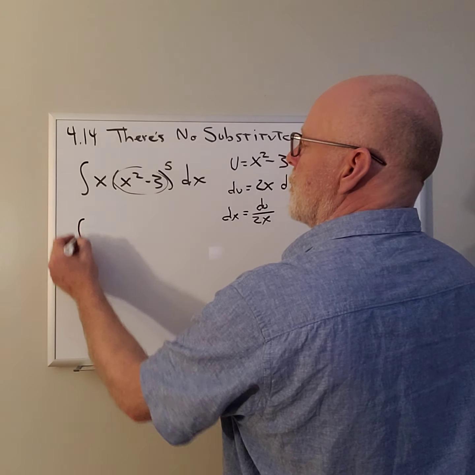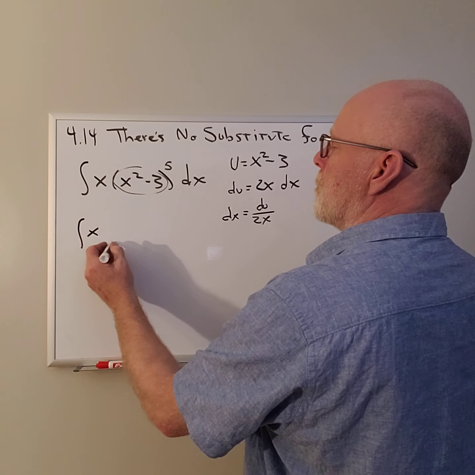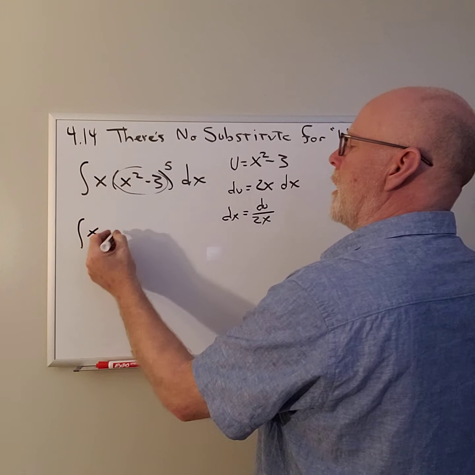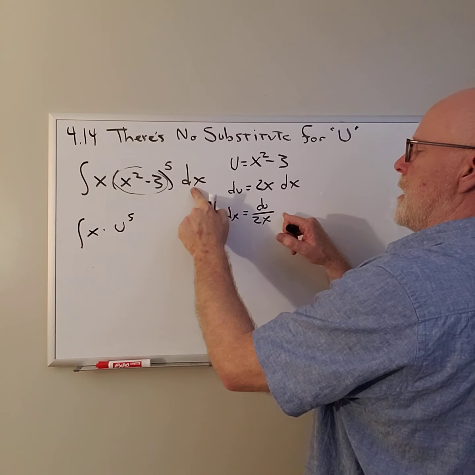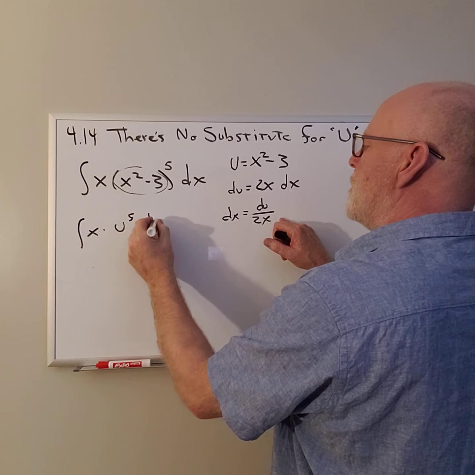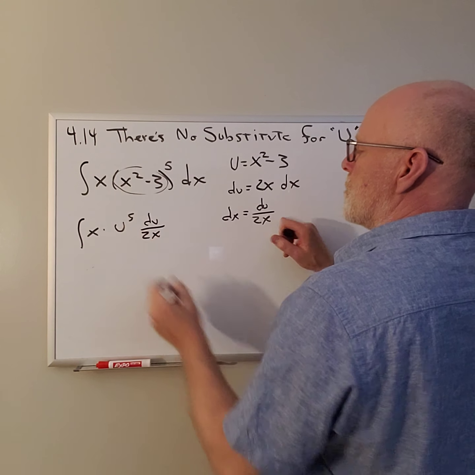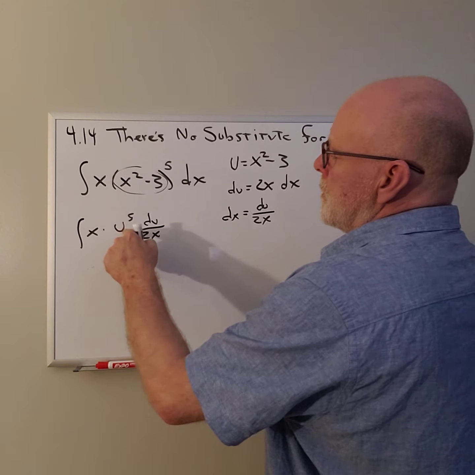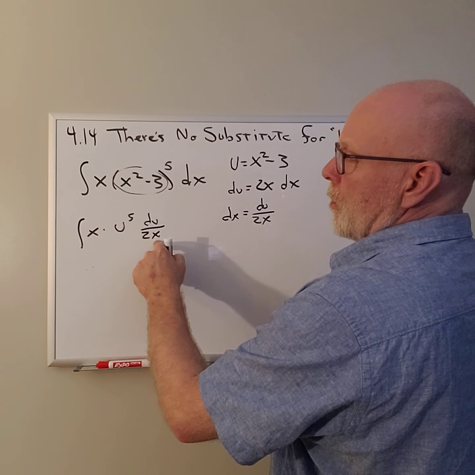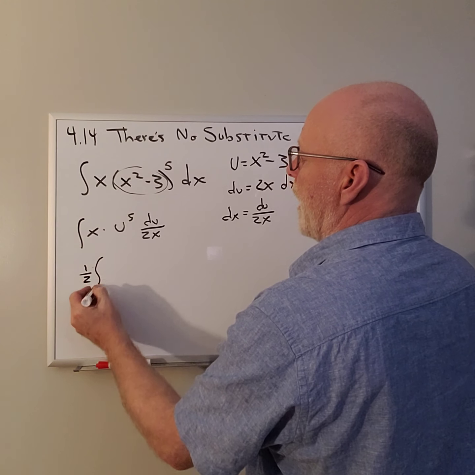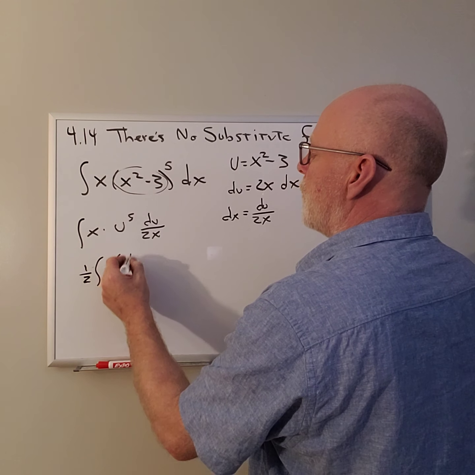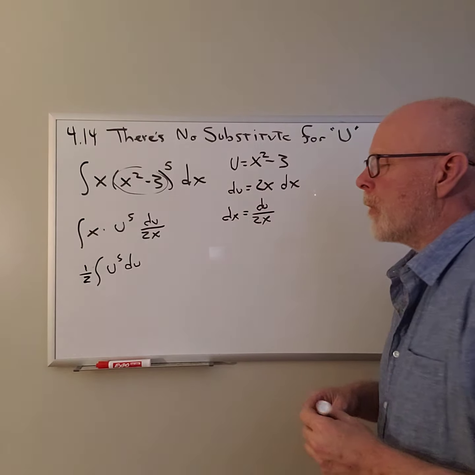When we do our substitutions, we'll leave that x for the moment. We're replacing that whole thing with u, so u to the 5th, and then we're replacing the dx with this. So we'll have du over 2x. Simplify this. x over x will cancel. Pull that 1/2 out front, so we have 1/2 integral u to the 5th du.